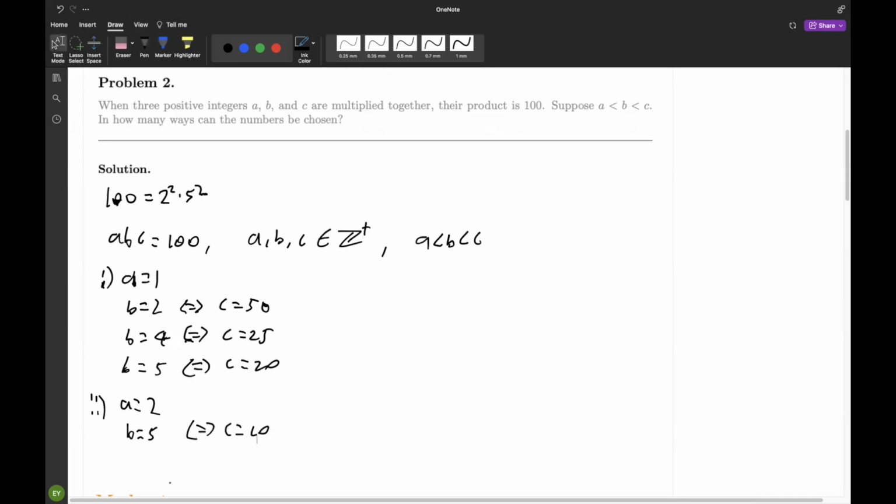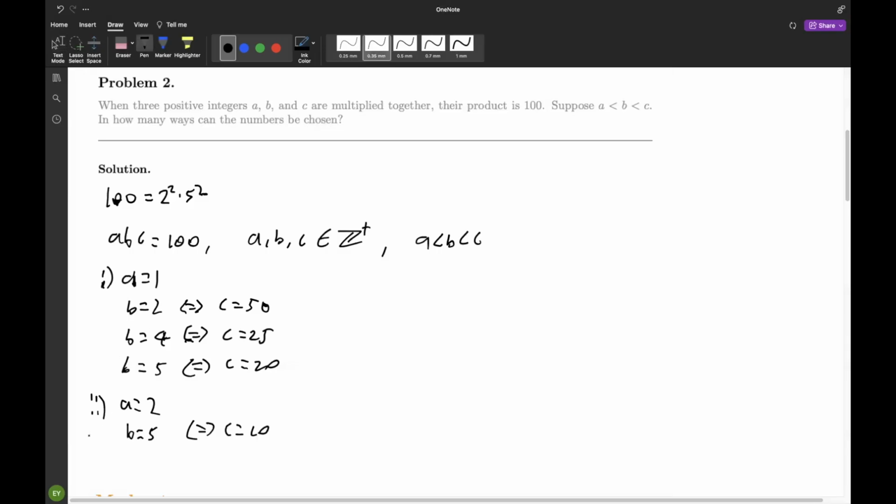But can b equal 10? We have 2, 5, and 10. The next number that we can try is 10. However, when b equals 10, then c must be equal to 5, which is not true.